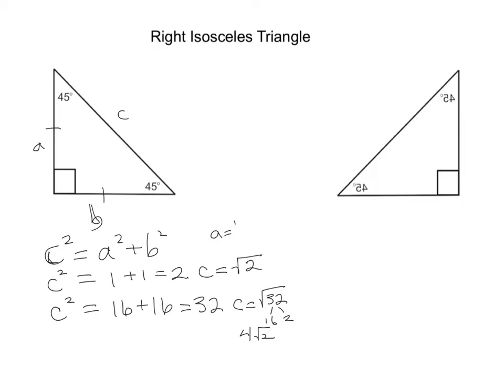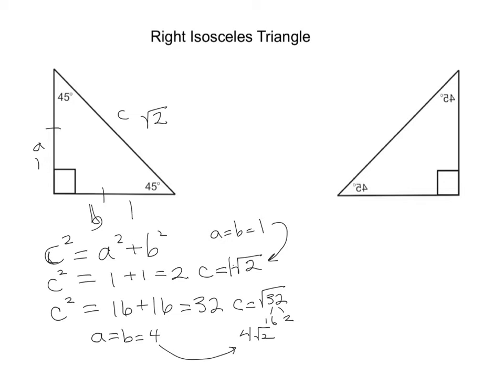That a equals b equals 1, and this became the square root of 2, or 1 times the square root of 2. a equals b equals 4, and then this became 4 square root of 2. So the ratio on this would be, if this is 1 and this is 1, this will be square root of 2.